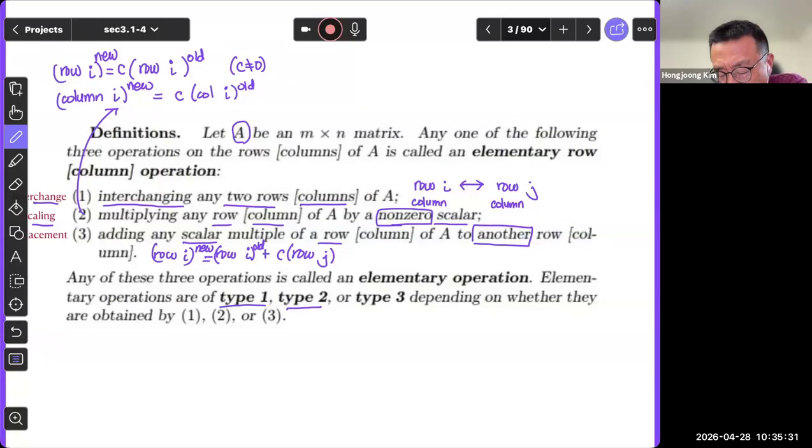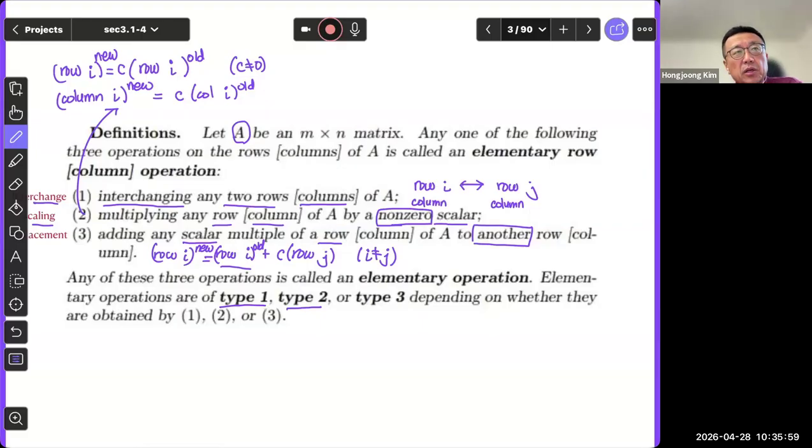At this point, the only requirement is that i is different from j. That will be called the replacement operation. So the existing ith row is replaced by the sum of the existing ith row plus a scalar multiple of the jth row.